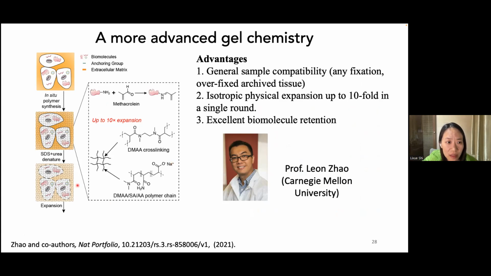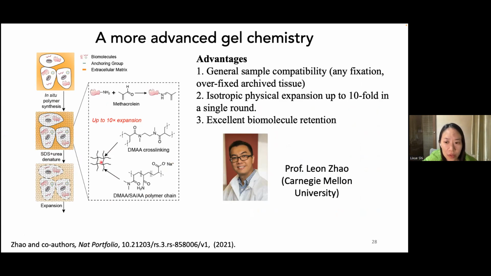Second, rather than strong protease digestion, we treat the gel-embedded specimen in a denaturant-rich solution together with heating for homogenization. So this will ensure maximum retention of biomolecules in the gel. Thirdly, the hydrogel recipe was reformulated.